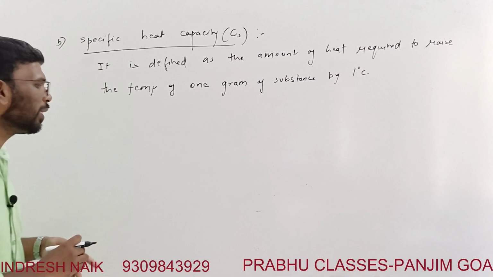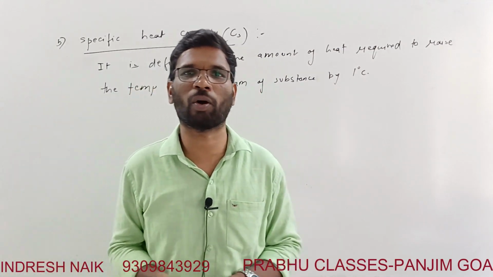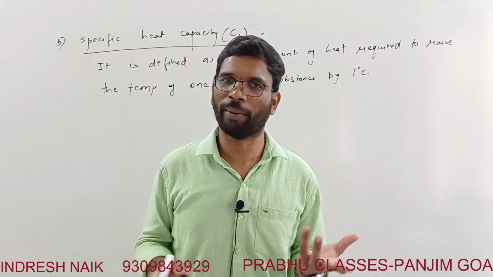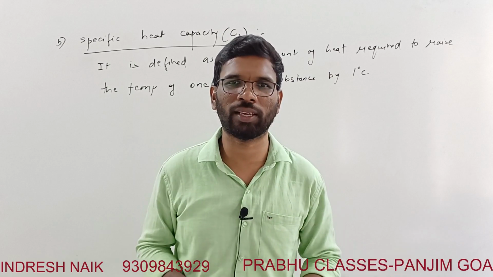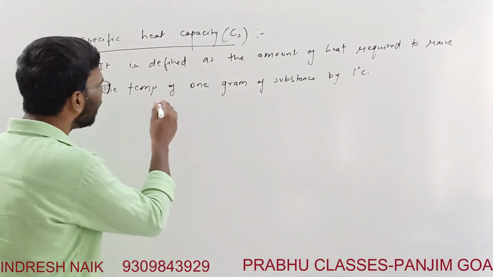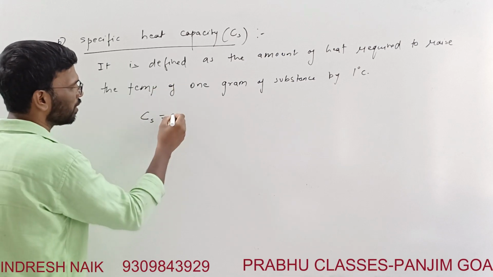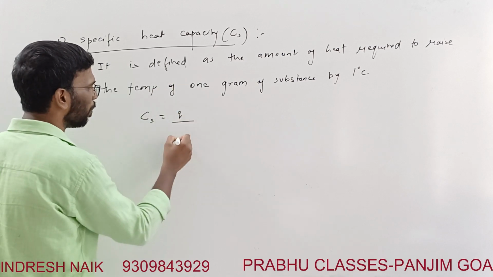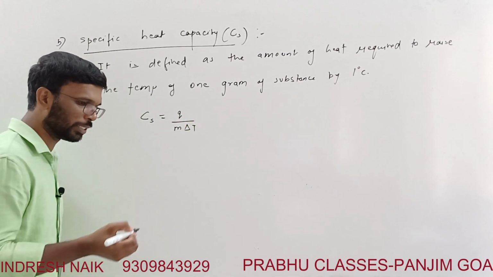Now here we are becoming more specific. Whatever may be the amount of the sample, we just take 1 gram of it and calculate the heat capacity. So specific heat capacity Cs is the amount of heat supplied, Q, upon m upon delta T, per mass, right?